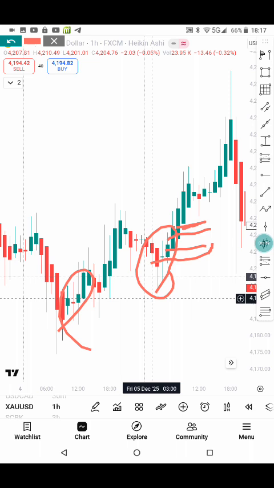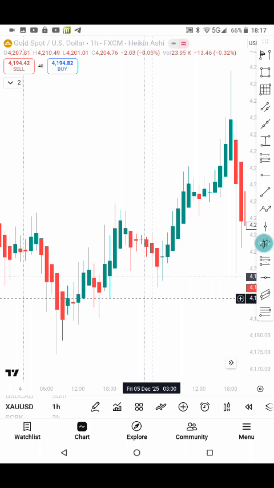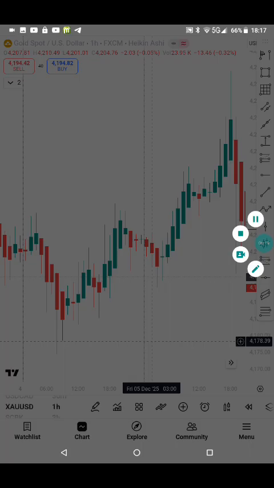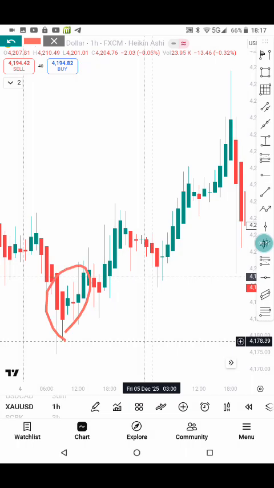The same way, this is a strong bearish momentum. What do we see here? I'm waiting for two candles, 1, 2, with no lower wick. My entry is here. After the second candle, I'm taken out.